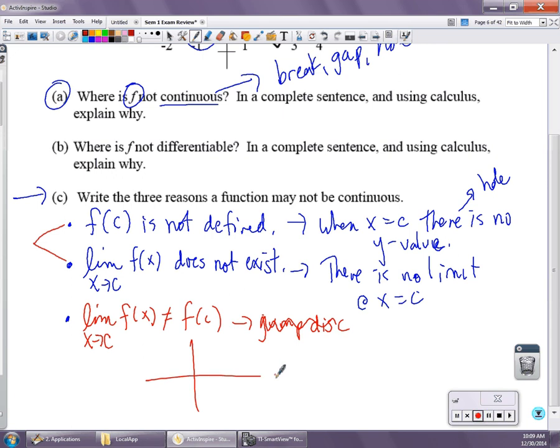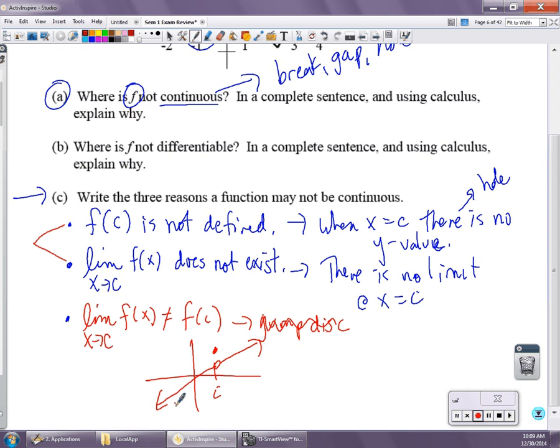So we have x equal to c. I'm going to call that c right there. There is a limit, open circle, and there is a y value, but they don't equal each other, so the function is not continuous. There is a y value, there is a limit, but they don't equal each other, so the function is not continuous.